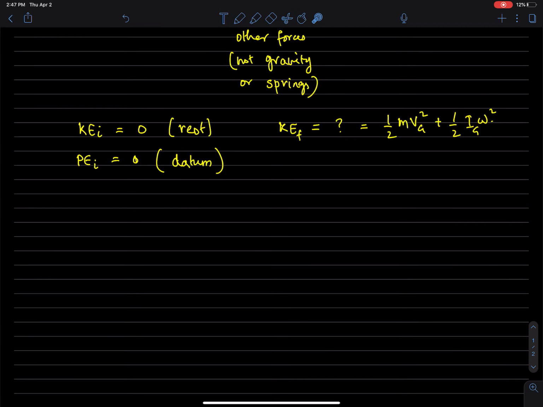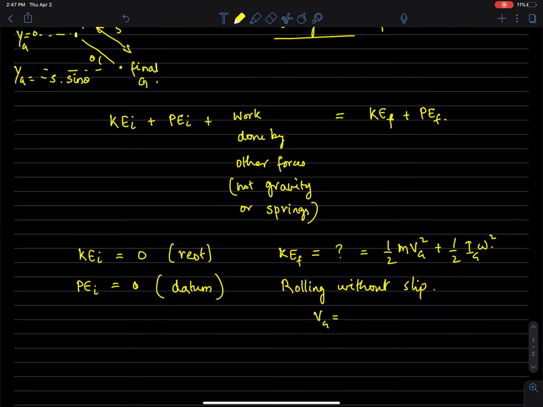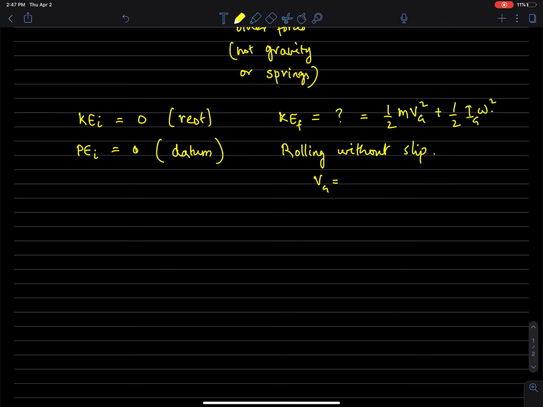But we can actually simplify this a little bit because it's rolling without slip. Without slip, we essentially have vG equals, depending on what your convention for omega is, minus r omega.